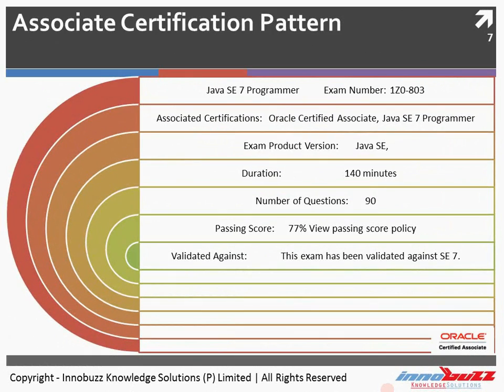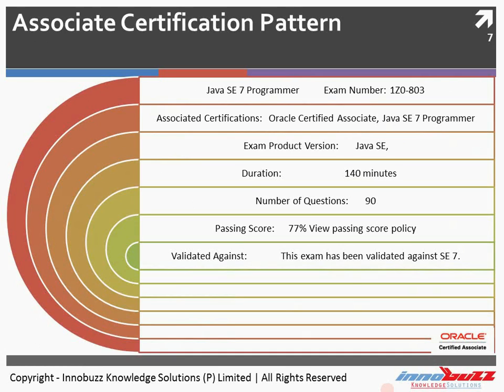So this is the associate certification pattern, where you can see the Standard Edition 7 Programmer exam number is 1Z0-803. It is an associate certification, where Oracle Certified Associate is the certification code, and the exam product version is Java Standard Edition.